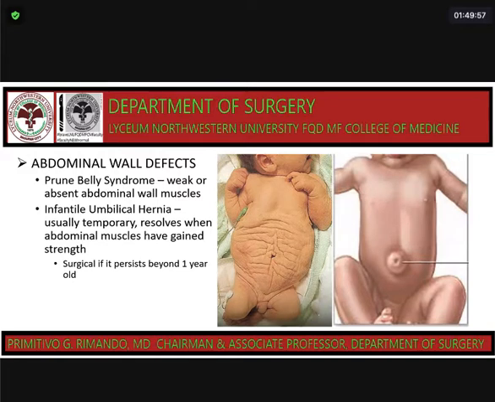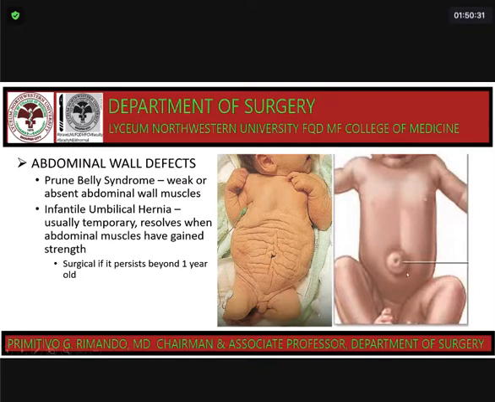Their muscles cannot exert enough effort to expel fecal material and urine. The presentation is a spectrum, from mild to very severe, and some of them would need multiple surgeries to strengthen the abdominal wall.